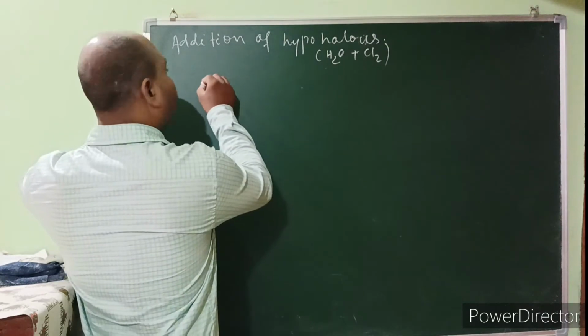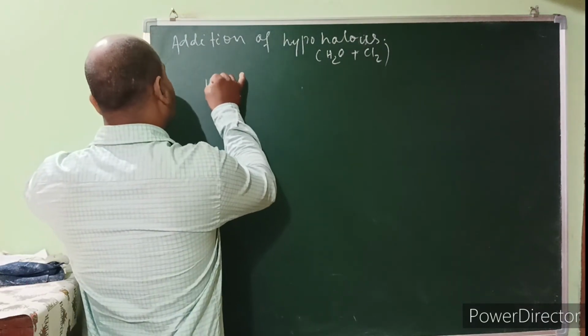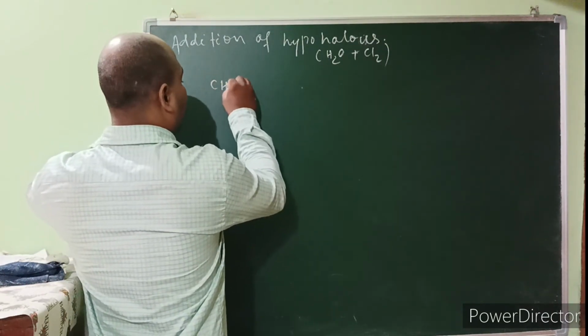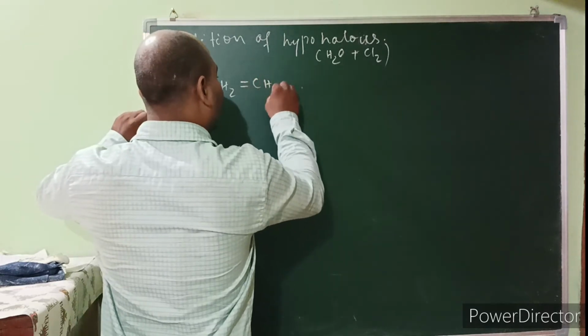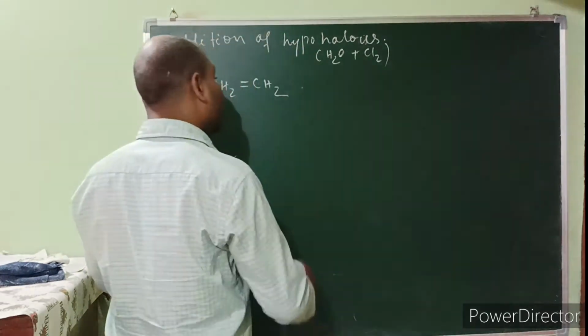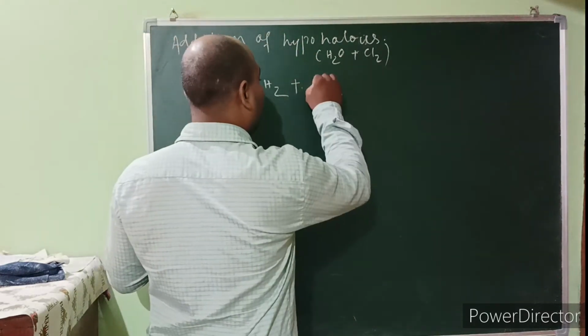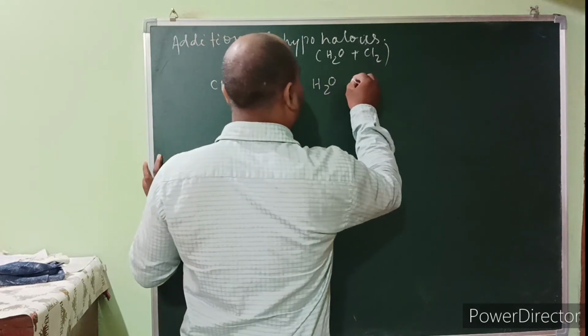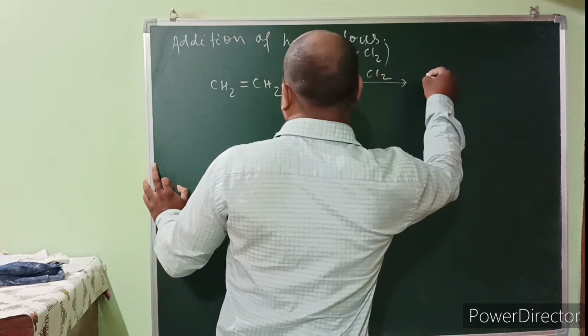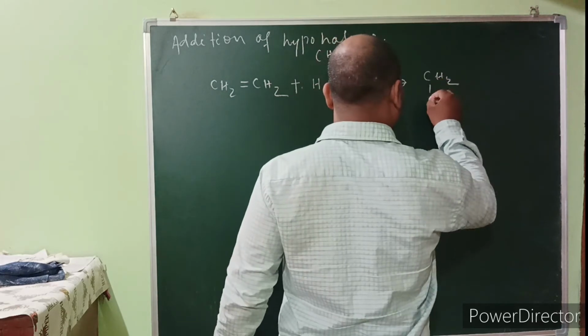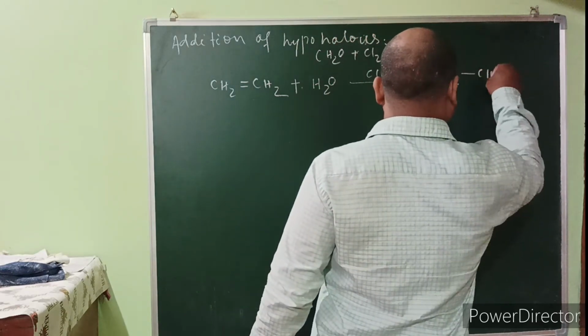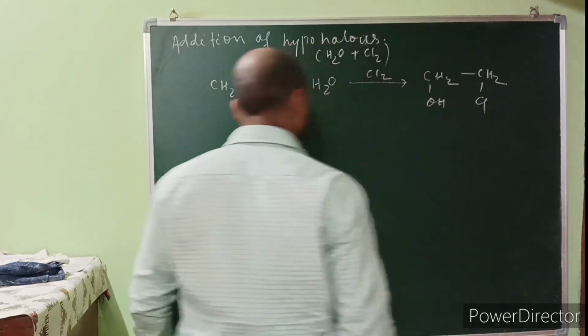Now see what will be our product. Same, I am taking the symmetrical alkene, in presence of water and chlorine, to give CH2 OH, CH2 Cl.